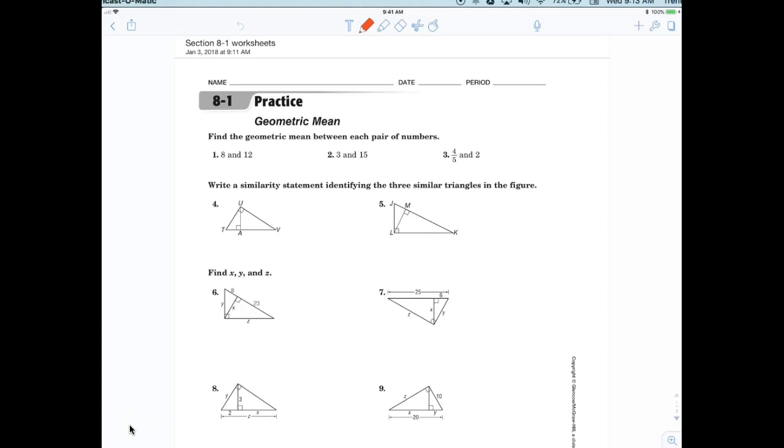And there are special relationships in right triangles. Today, they title it the geometric mean, and I am not going to show you in the right triangles exactly the way they do it.